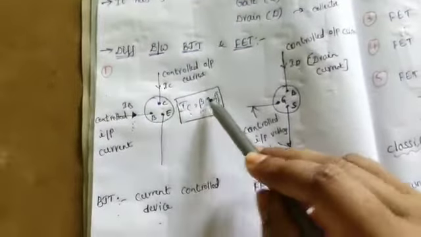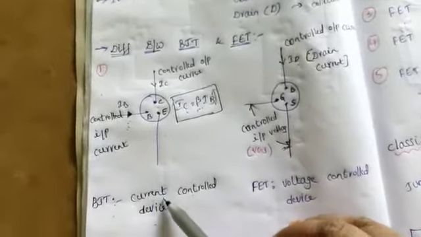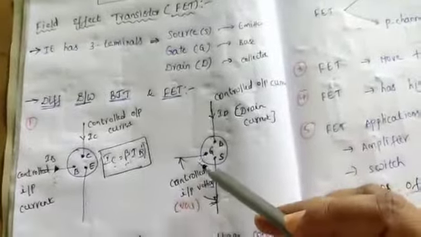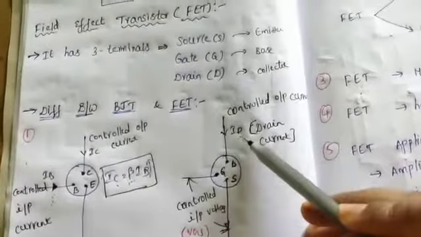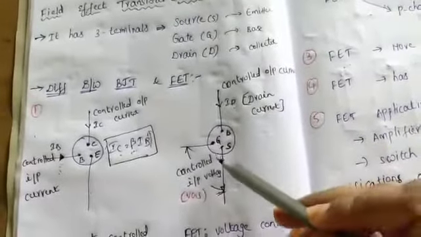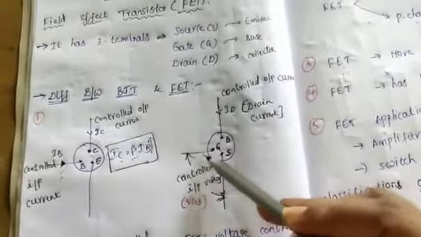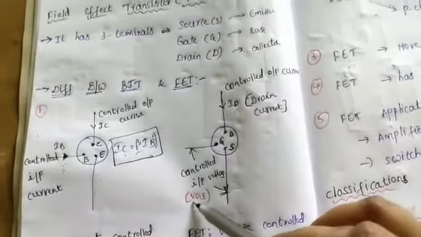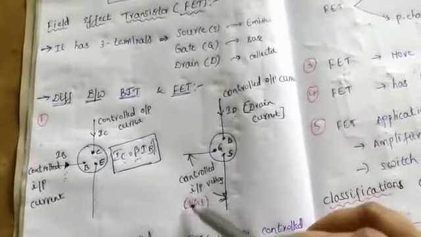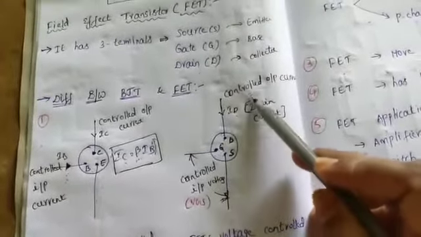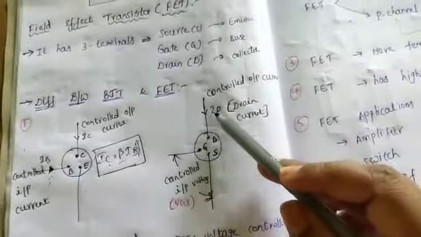So the BJT is generally called a current controlled device, whereas in the FET the output current is the drain current ID. Here the voltage between the gate terminal and source, that is VGS, the gate source voltage, controls the drain current.